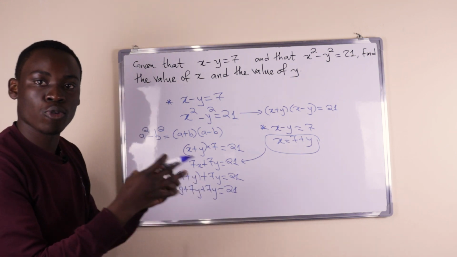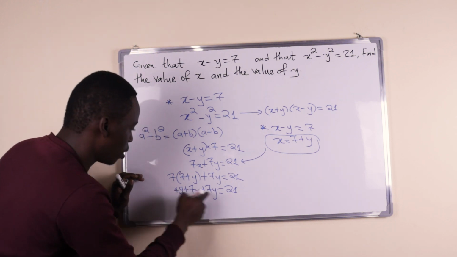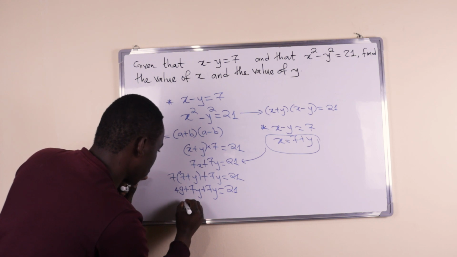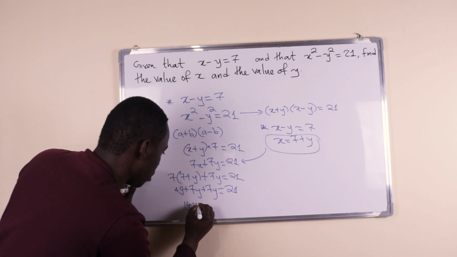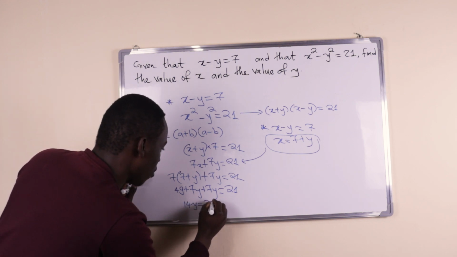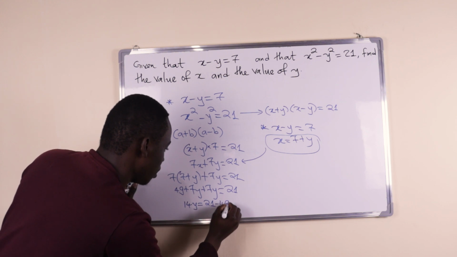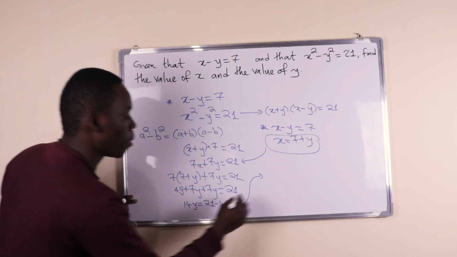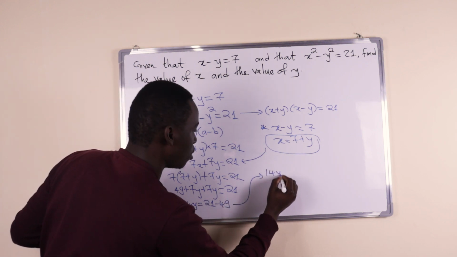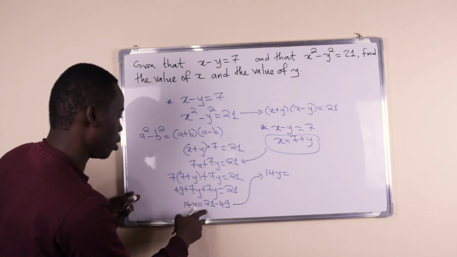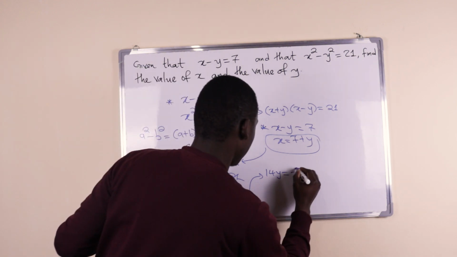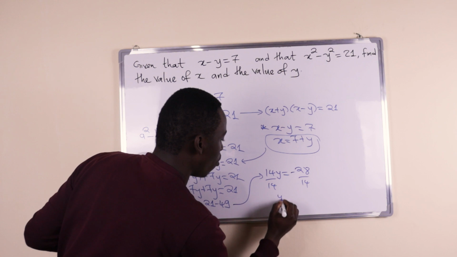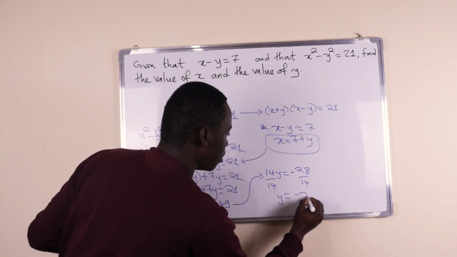Then we group the like terms. 7y plus 7y is 14y, equal to 21 minus 49, which is minus 28. Divide by 14, divide by 14, and our y will be equal to negative 2.